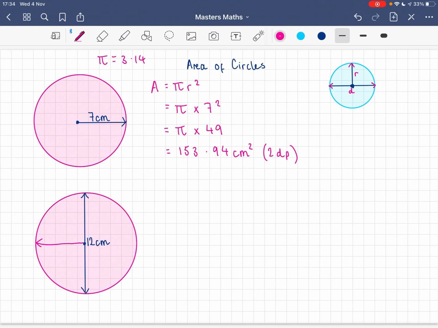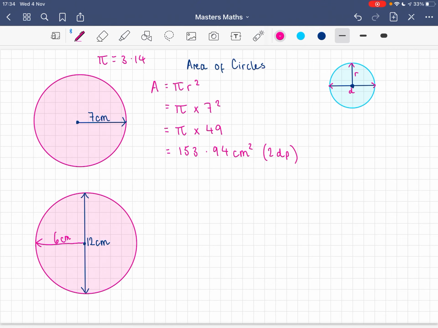So if the diameter of the circle is 12, then the radius has to be 6. So the radius of that circle would be 6. And then we put it into the formula just like we did before. So area is pi r squared. We're replacing the radius with 6 now.